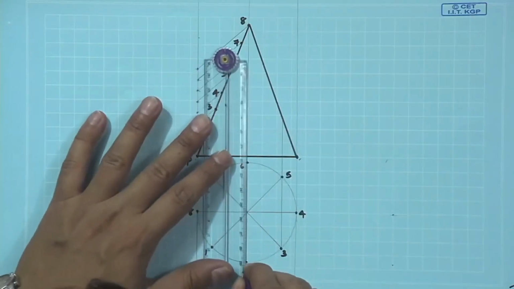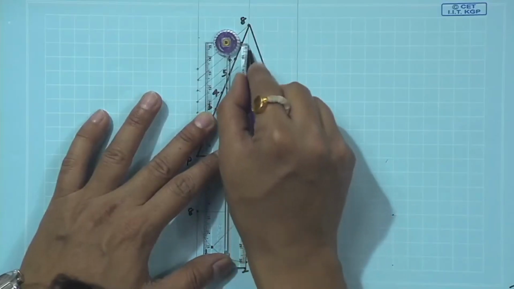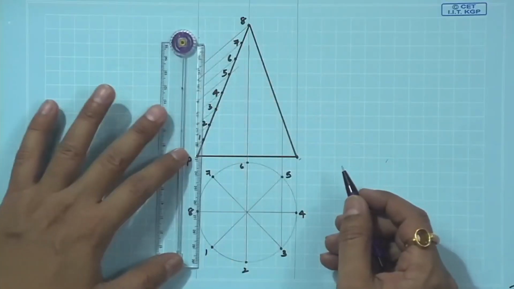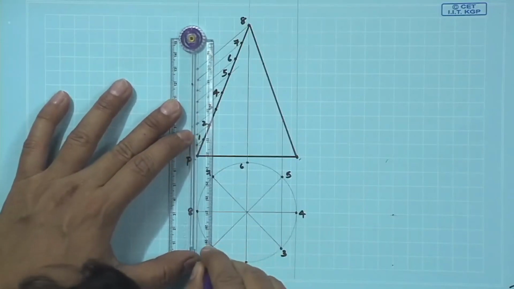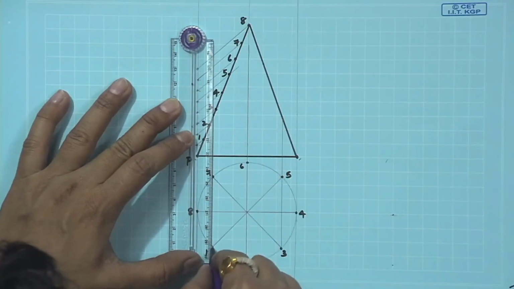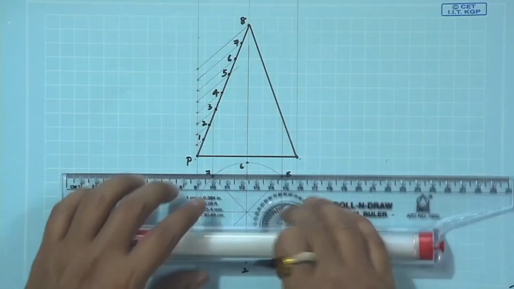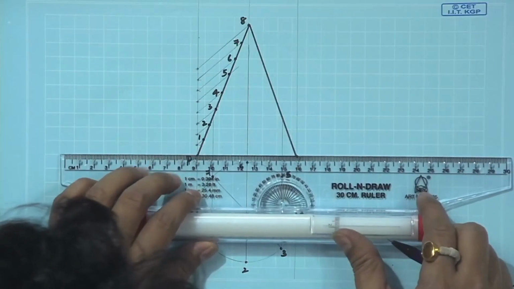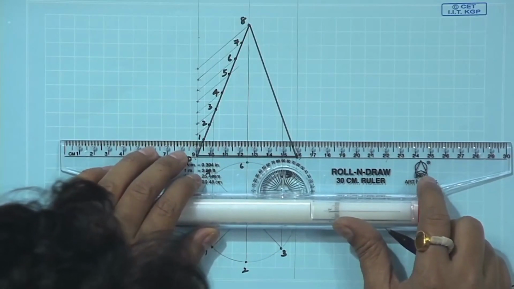Similarly, extend 2 to 6 all the way up along this line. Similarly, extend 1 and 7th point. Now, draw horizontal lines passing through 1, 2, 3 on this cone.